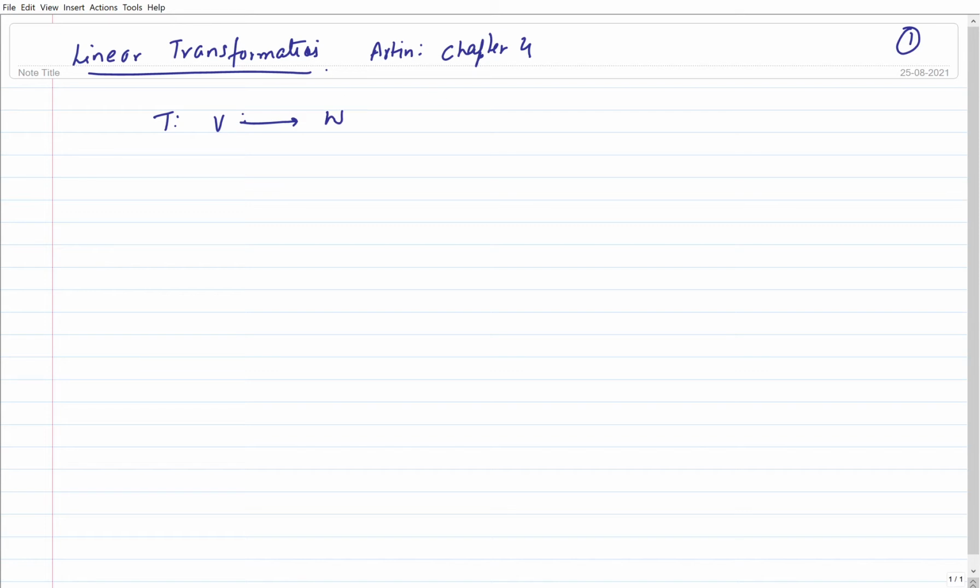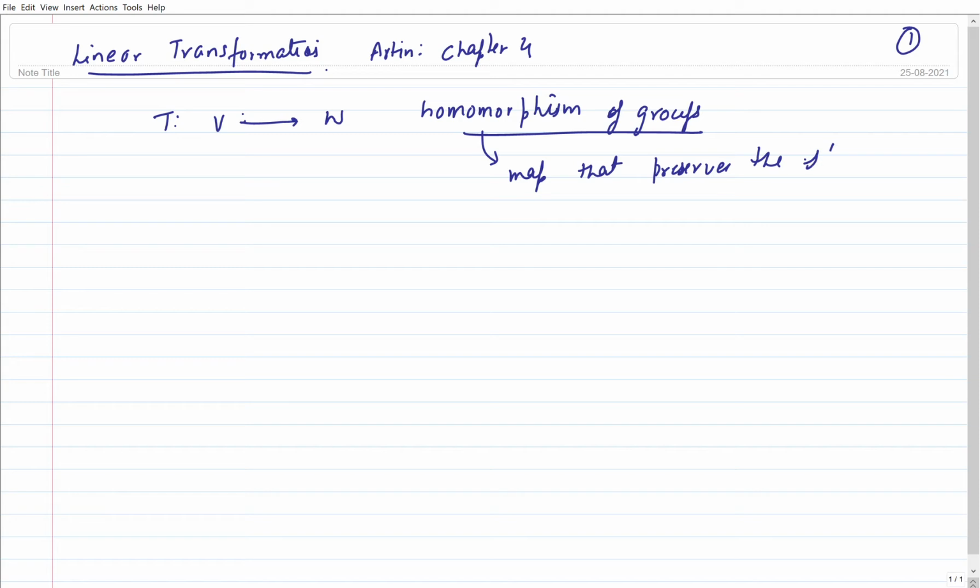which are analogous to something known as the homomorphisms of groups. Essentially, a homomorphism is a map that preserves the structure, the group structure, the structure for the vector space, if it's a mapping from one vector space to another, and so on and so forth.